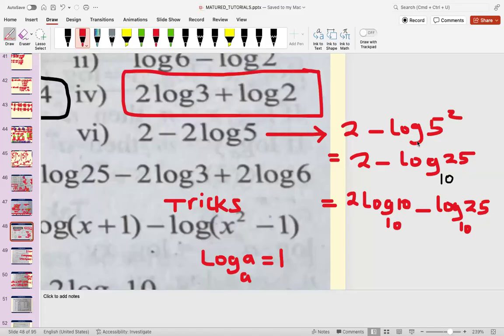Then I told you that when you are given a log and they don't write any number below here, it is base 10. Sometimes they write it, sometimes they do not, like the log on your calculator. It is base 10, but they don't write it. So that is why I brought this 10 here, and then this gave us 25. That was how come we had log 10 of 25.